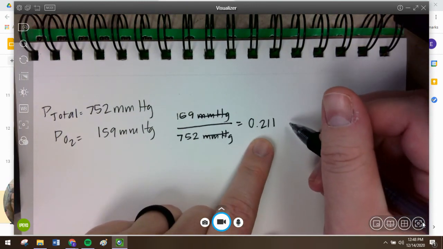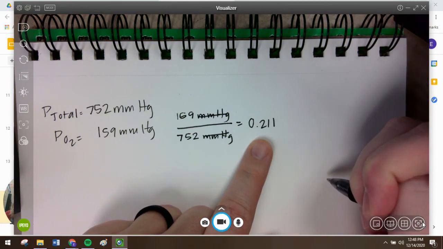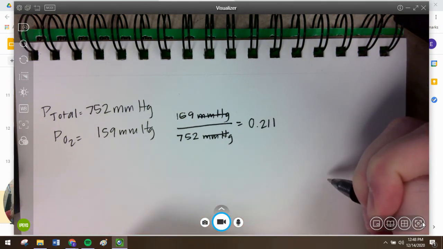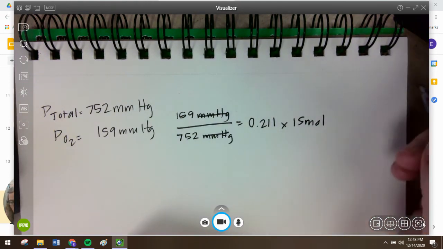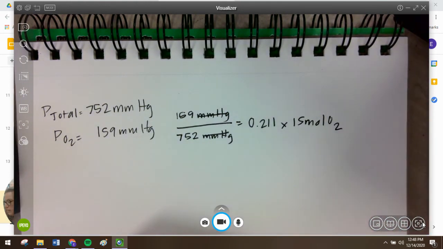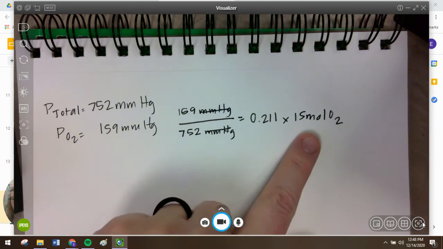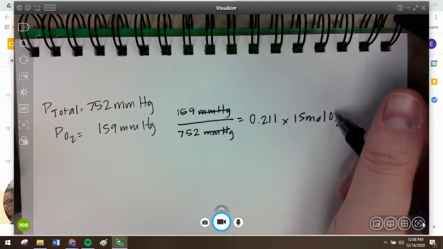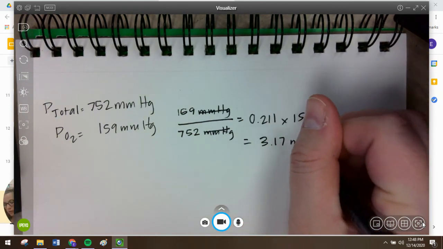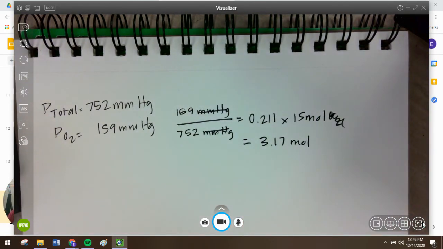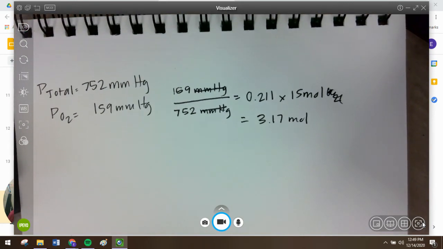Now, if I know that 21% of my moles are coming from oxygen and I had 15 moles total, then I can figure out my moles of O2, which are going to be 3.17 moles. Okay, so that is one way I can use my partial pressure.